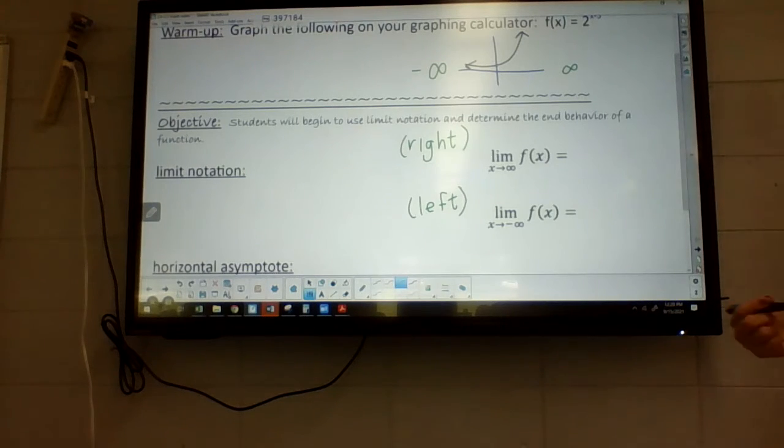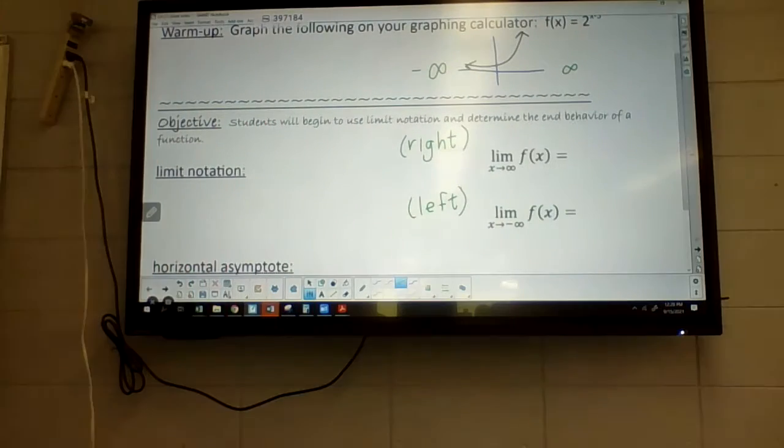So this limit notation shows what value the graph gets closer and closer to as the graph goes on.